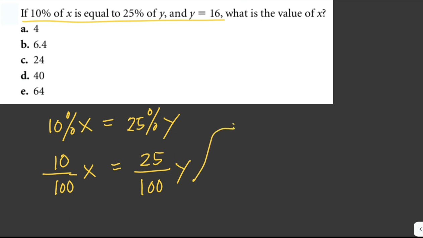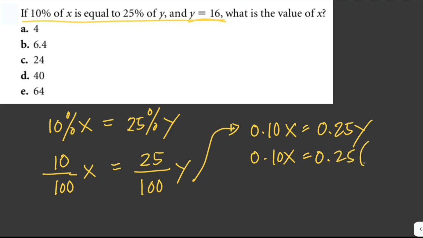And then we can write this as 0.10 x equals 0.25 y. Since we are given the value of y, which is equal to 16, we can just plug in that value here. So that would be 0.10 x equals 0.25 times 16.